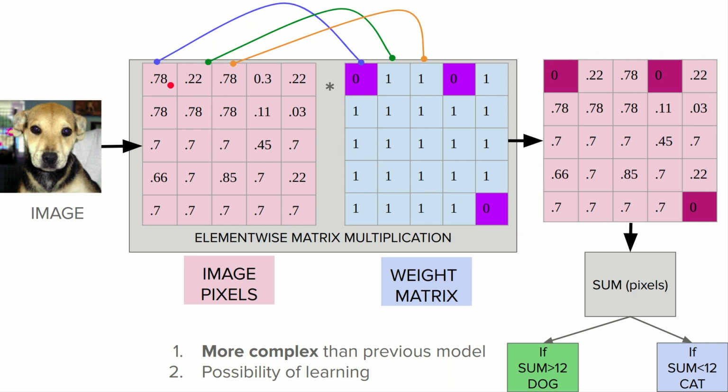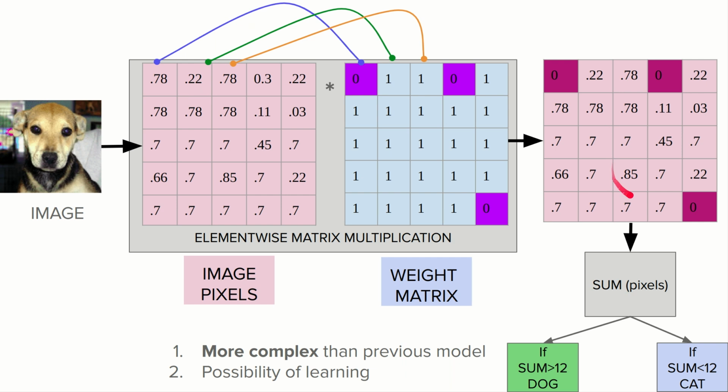In element-wise multiplication, we multiply the 1,1 element of the image pixels with the 1,1 element of the weight matrix. Then we multiply the 1,2 element of the image pixels with the 1,2 element of the weight matrix. The 1,3 element of the image pixels we multiply with the 1,3 element of the weight matrix, and we keep on doing that to get this final output matrix.